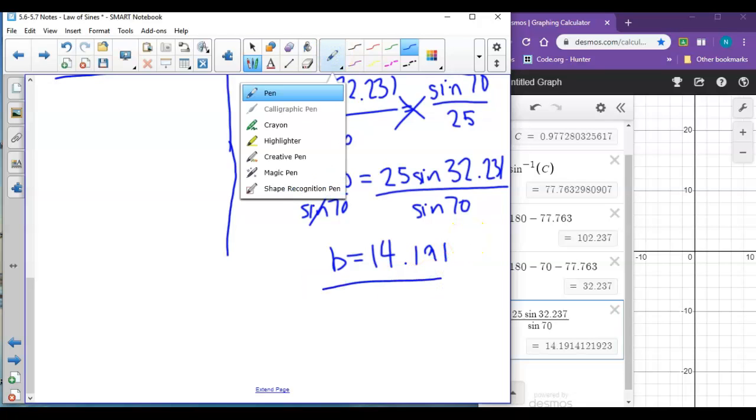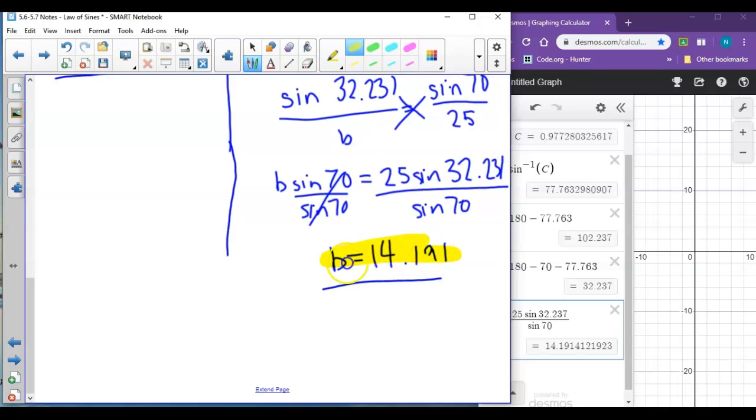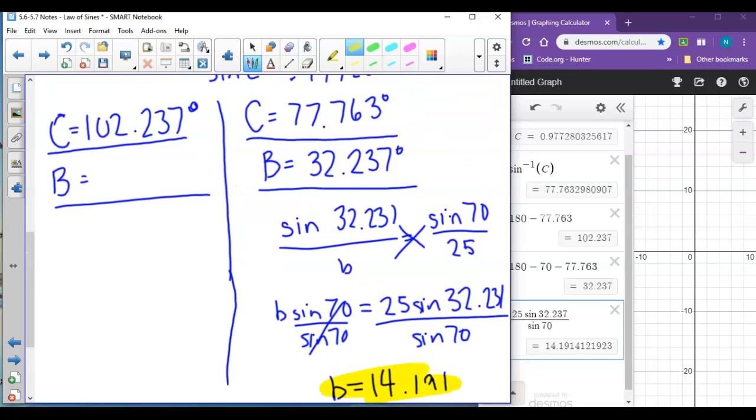So right there, these answers are one set of possibilities for the triangle. However, you also have the possibility that C is not 77.763. If C is 102.237, that changes what B would be for the problem.